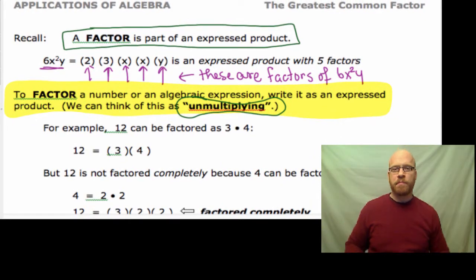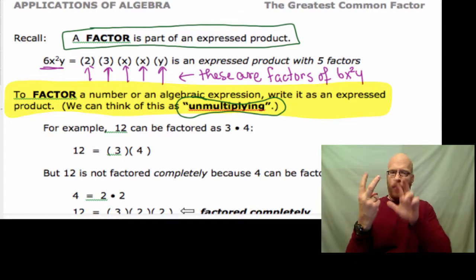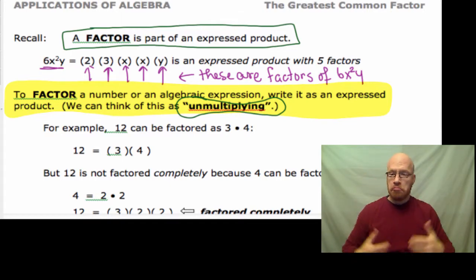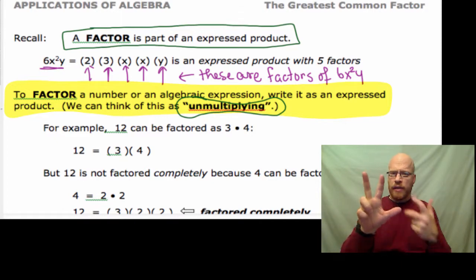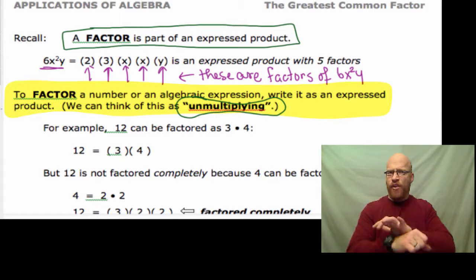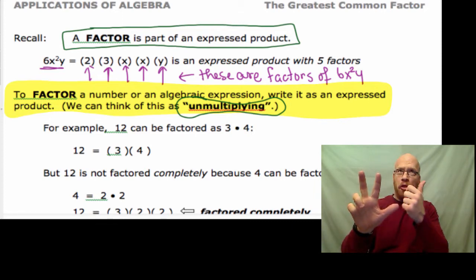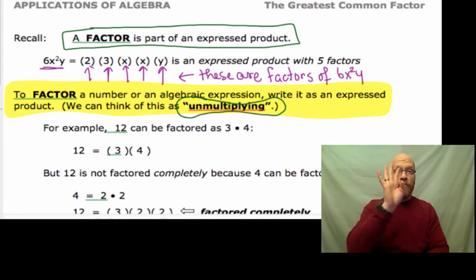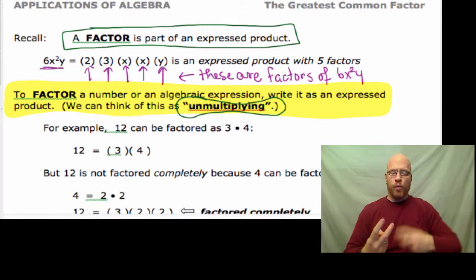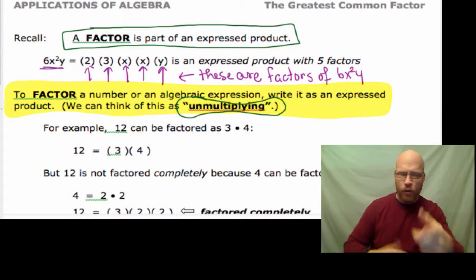Okay. Now, as we said, we have 12 here. Equals 3 times 4. All right. But 3 times 4 isn't the fully factored form. 3 doesn't have any other factors, but 4 does. 2 times 2. Watch here.